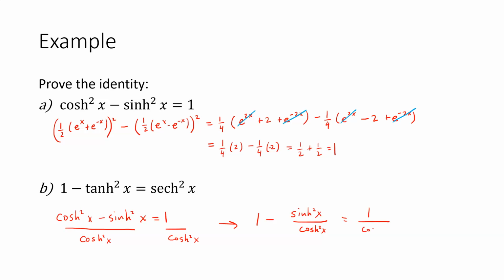And then 1 over hyperbolic cosine squared, we know that's hyperbolic secant squared. Okay. So since we've already established this first one, we can then use that to establish this next one.